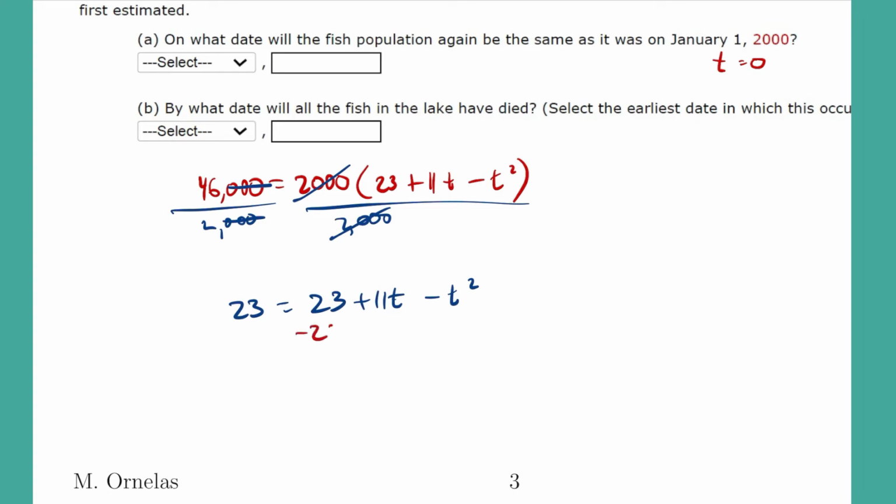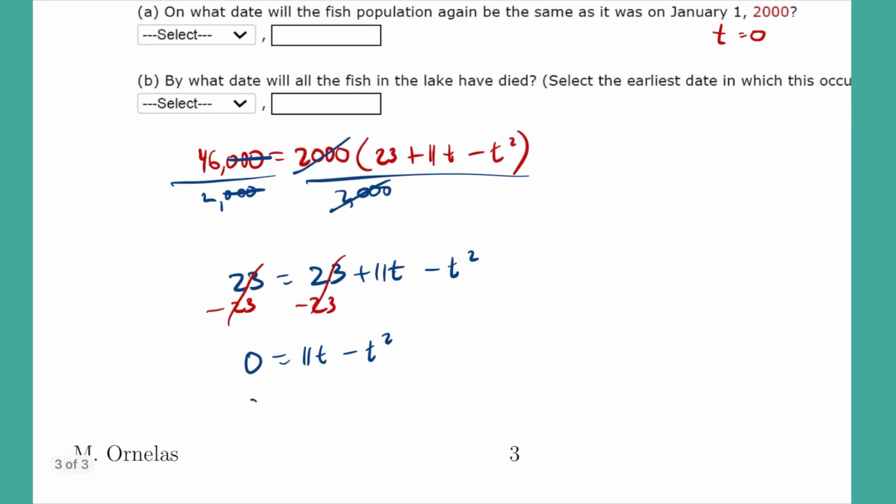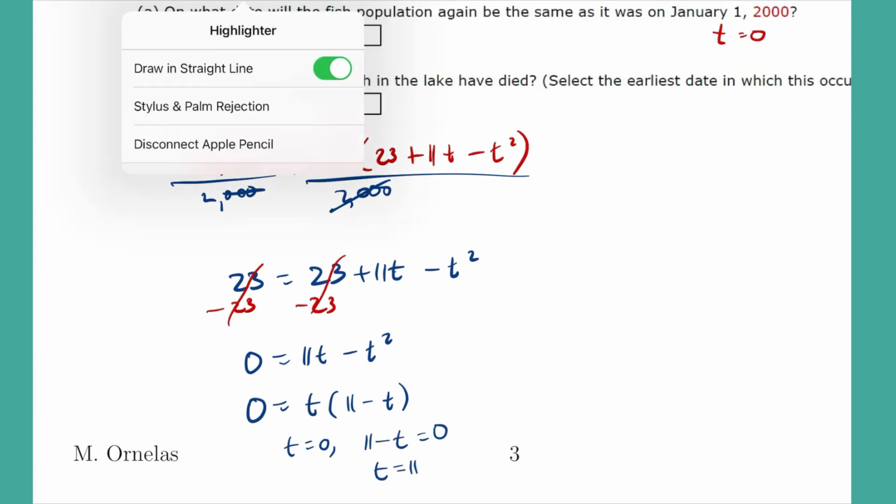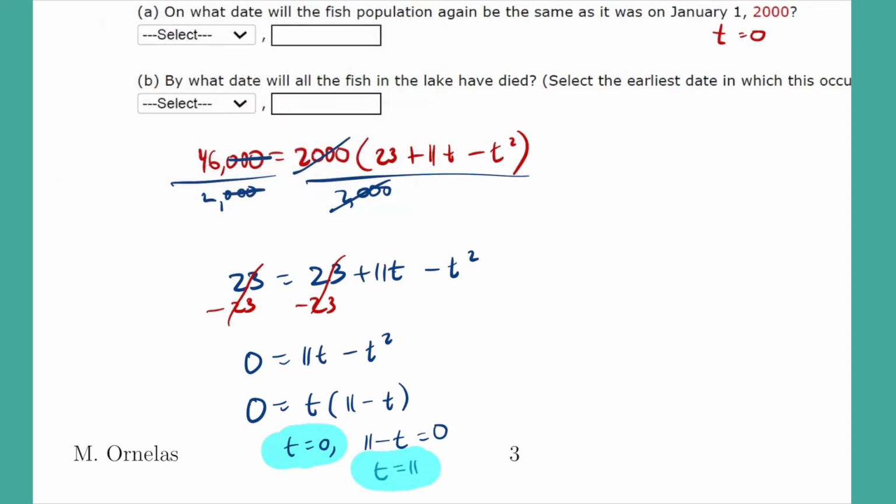And now you could subtract 23 from both sides, and you will get 0 equals 11t minus t squared. We take out the common factor, which is t, and you have two factors to solve for. T equals 0, which we already knew, and t equals 11.